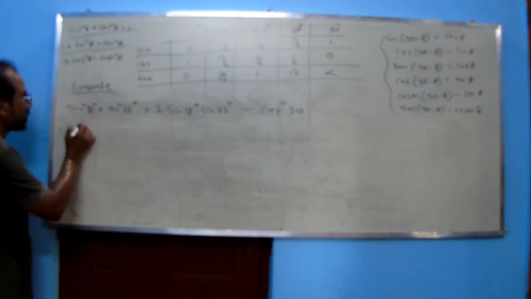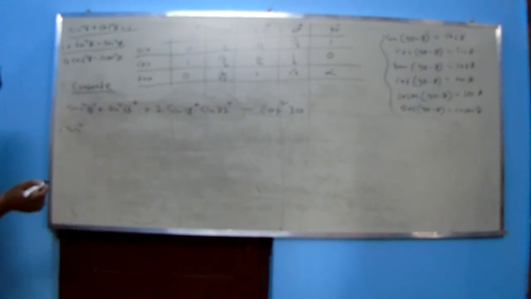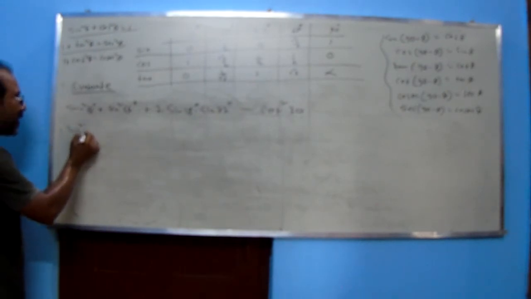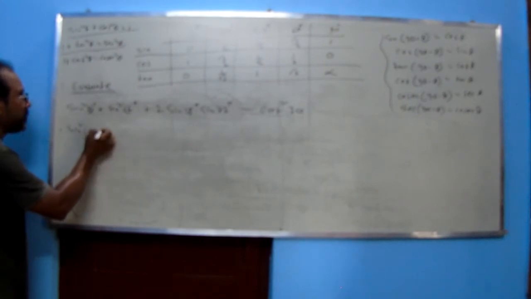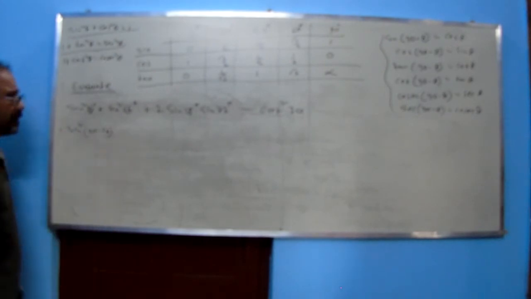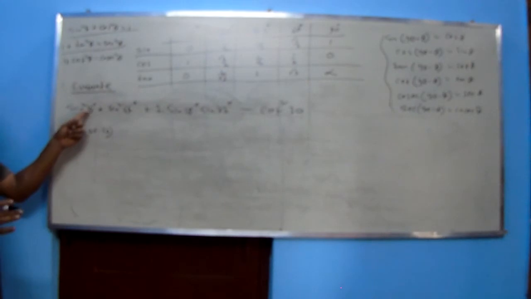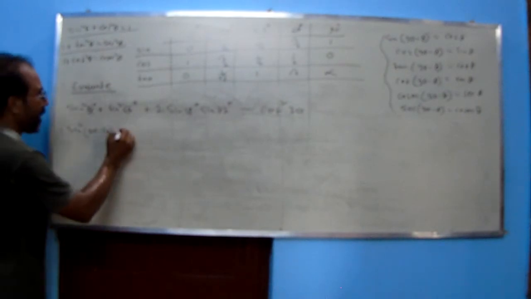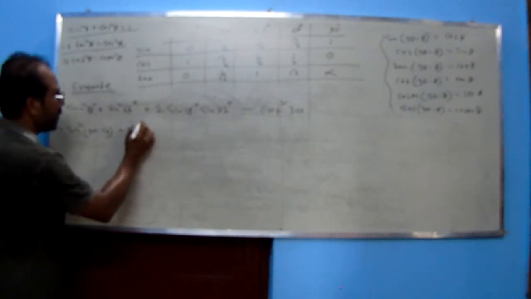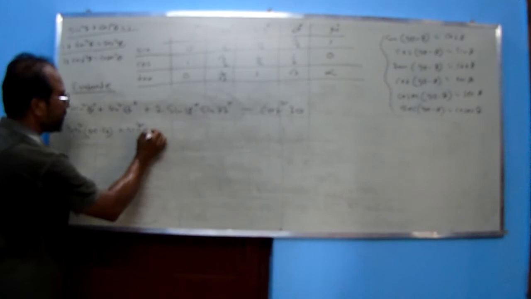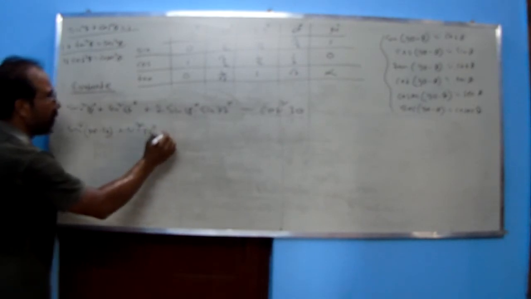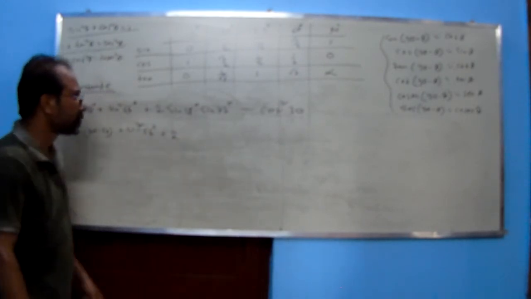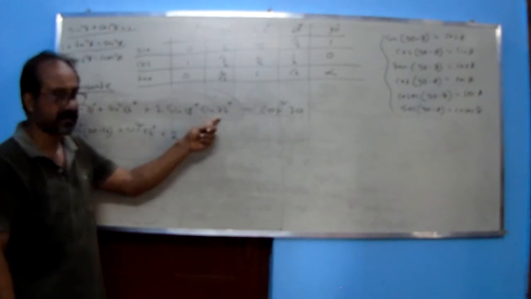In place of sine square 34, I will write 34 as 90 minus 56. I will not write 34, I will write 90 minus 56. It is said 90 minus 56 means it is 34. Plus sine square 56 degree plus 2 sine 18 and sine 72.